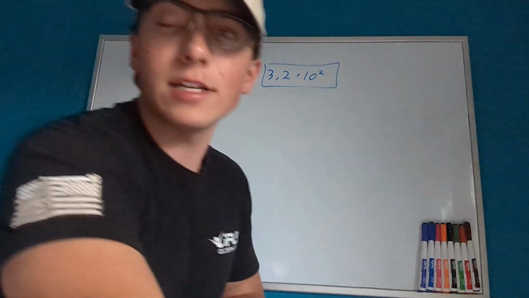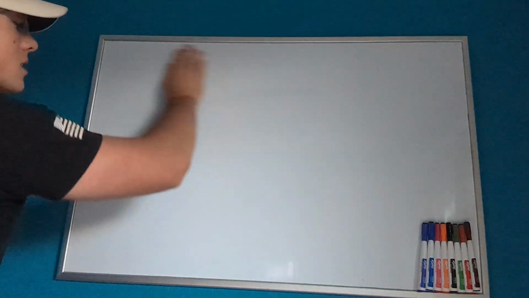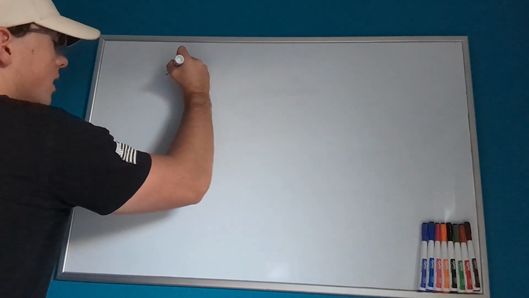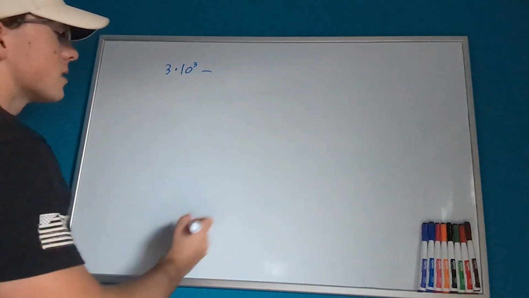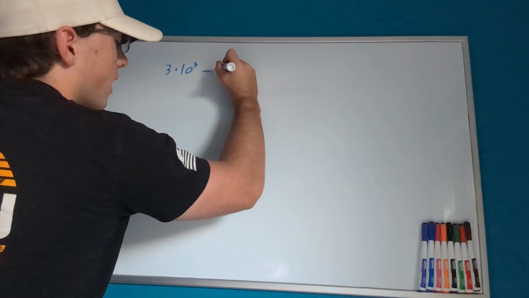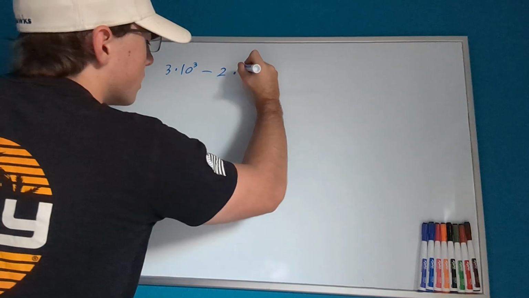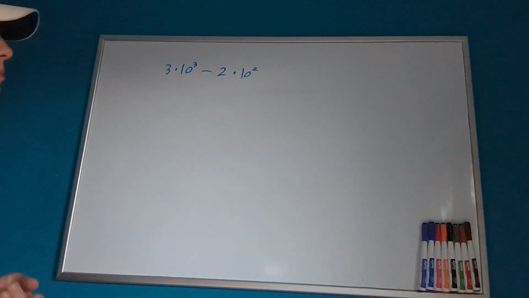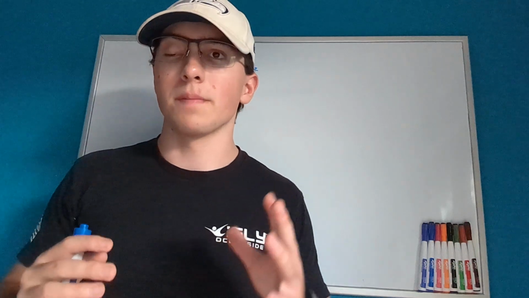Now, the last two problems we're going to do are going to be focusing on adding and subtracting in scientific notation. So let's say we want to subtract 3 times 10 to the 3rd minus, let's say, 2 times 10 squared. Now, let me give you some understanding of what we're trying to do here.